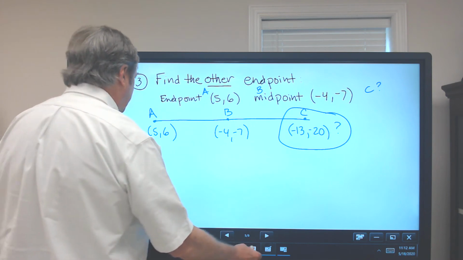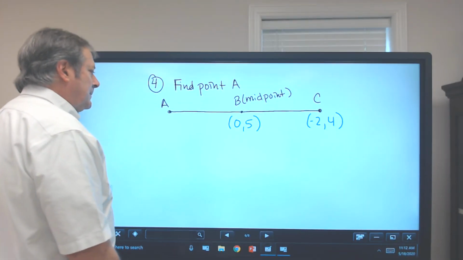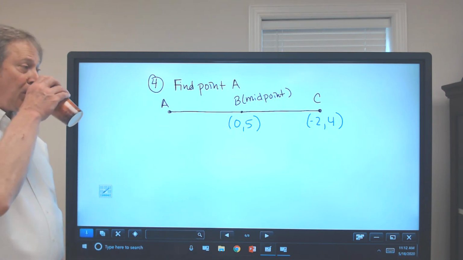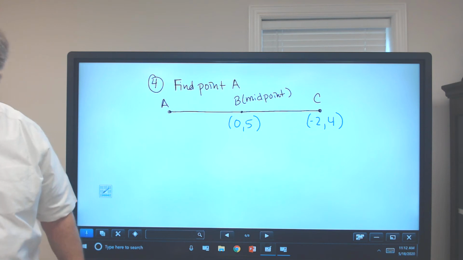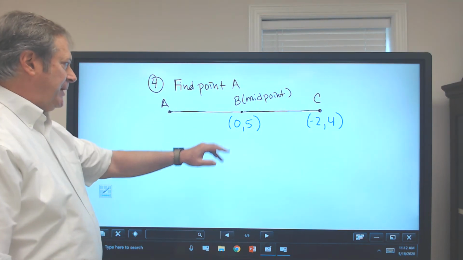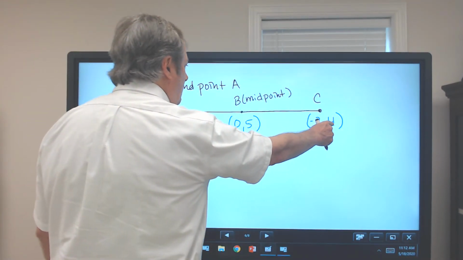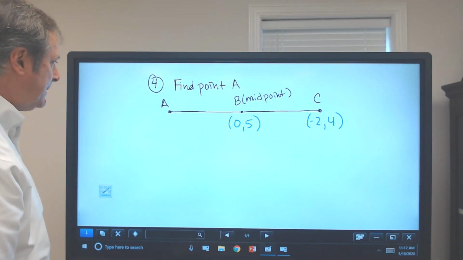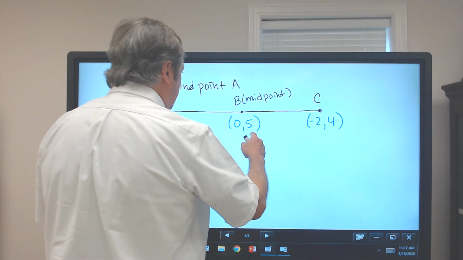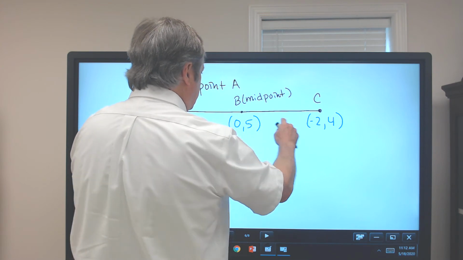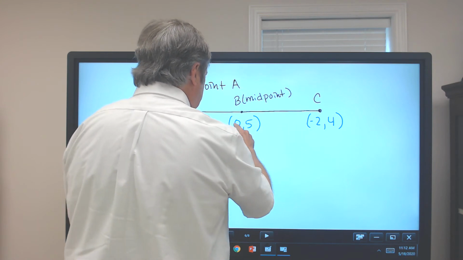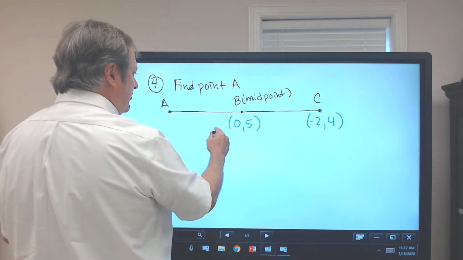All right, let's go to number 4. Yay, that one worked right. Okay, so here, same thing, we're given a midpoint, we're given one endpoint, and in this case we're trying to find endpoint A. So let's go from 0 to negative 2, that would be 2 units that way, in a negative direction, so let's go 2 units this way, in a positive direction.